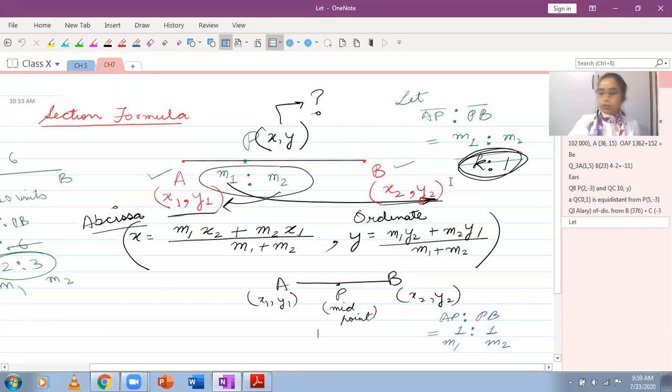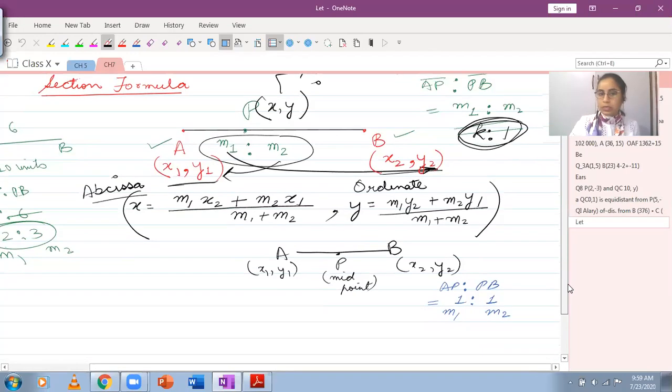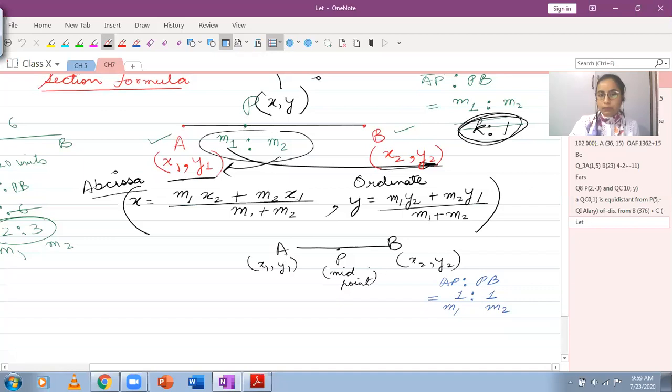The ratio in which P divides AB becomes 1 is to 1 because the two parts will be equal in that case. And if we use this logic, that the ratio in which point P divides AB is 1 is to 1, using the value of M1 as 1 and M2 as 1, what will your formula become?